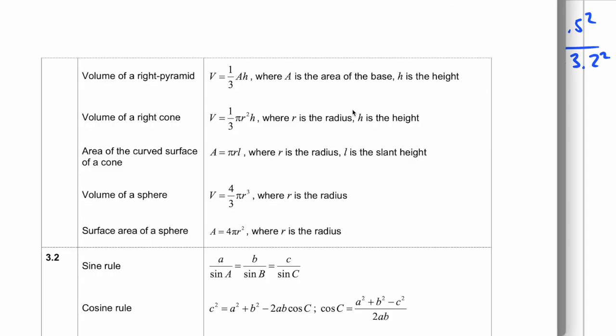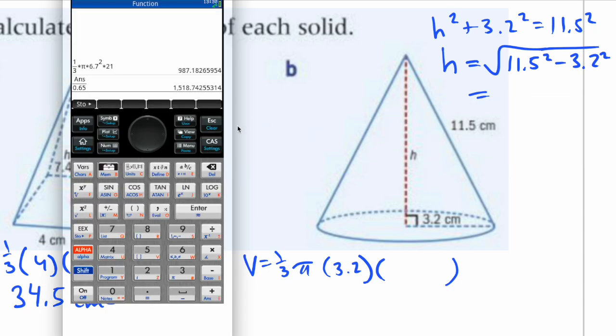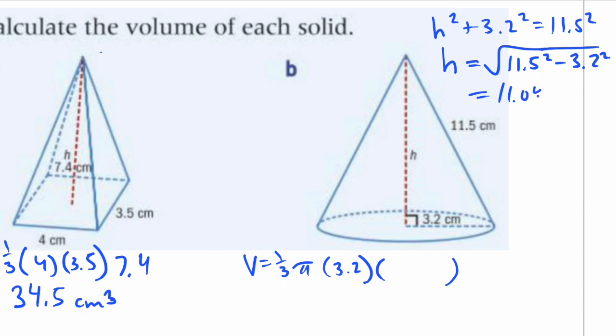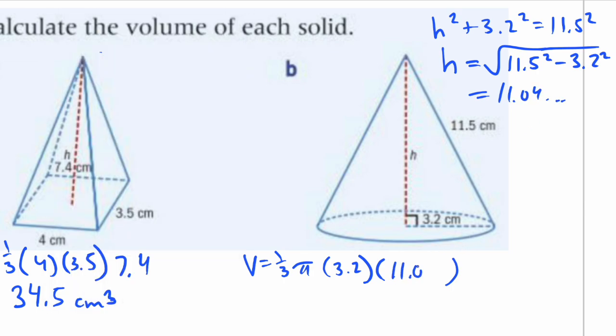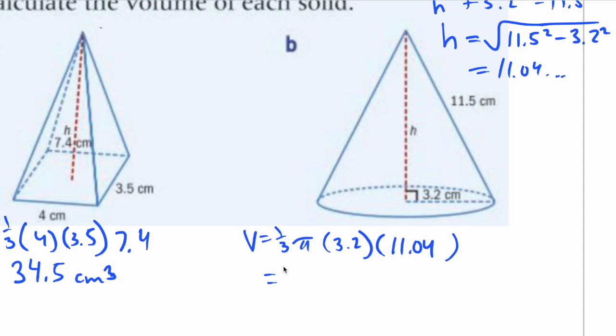Let's type that into the calculator. Shift root, 11.5 squared minus 3.2 squared, and we get 11.04, and so on. We're going to use that exact number when we do this calculation here.